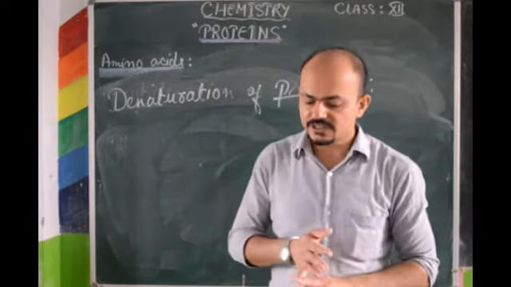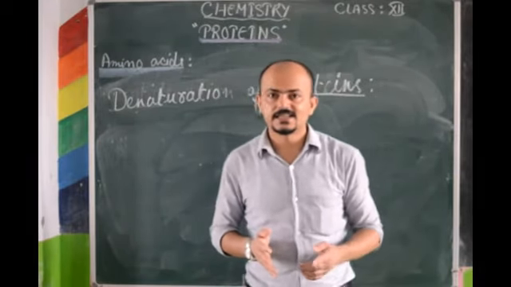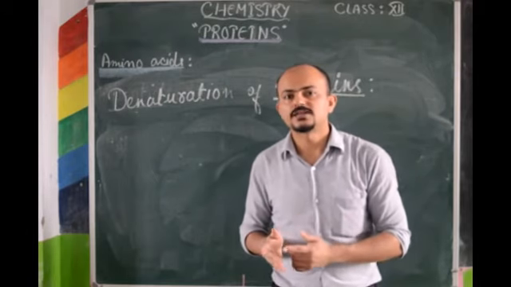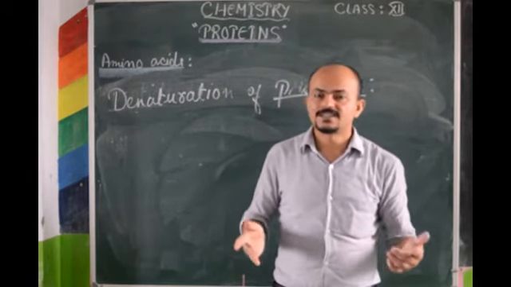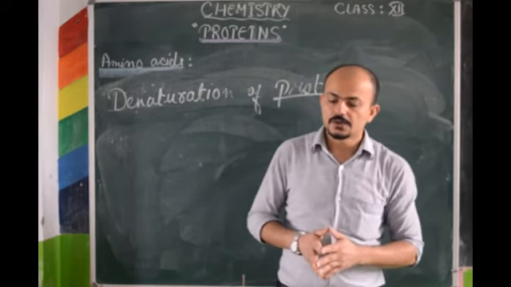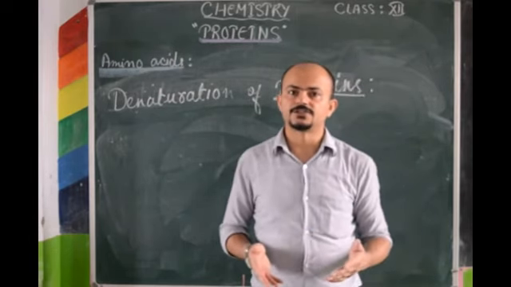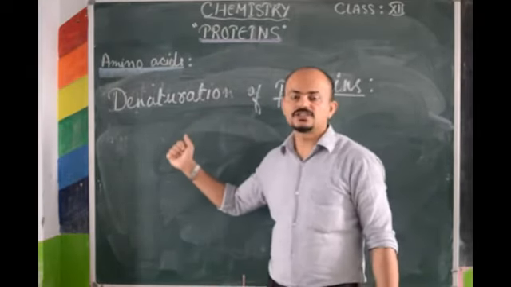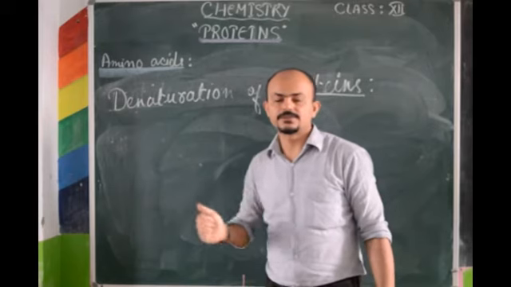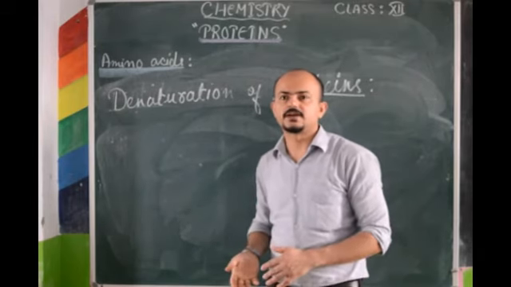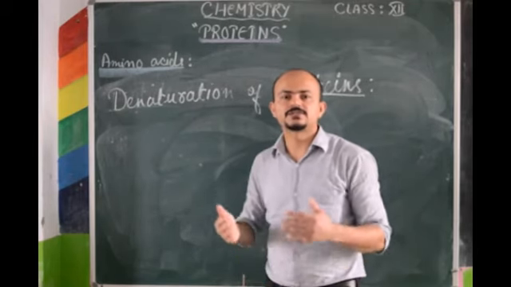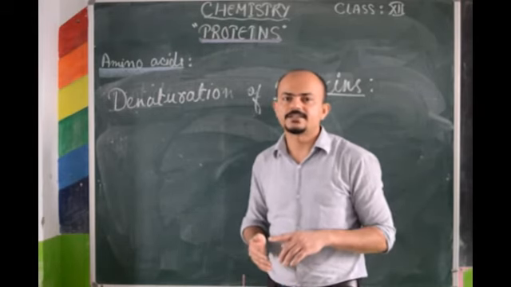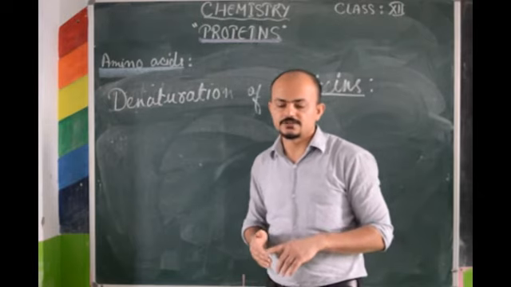Now denaturation can be brought about by heating it, by treating it with alcohol, by treating proteins with concentrated acids, and also with the help of radiations. So that is all about denaturation of protein. And now in your syllabus you also have classification of proteins on the basis of structure, that is primary structure, secondary structure, tertiary structure, and quaternary structure.